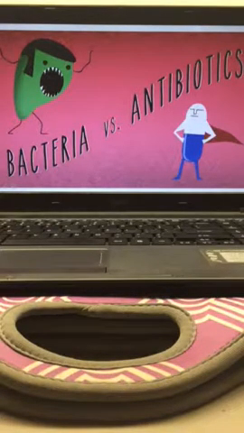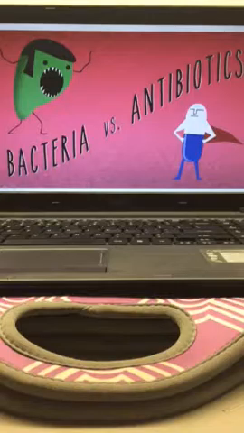Some cells are only exposed to a fraction of the antibiotic due to how deep they are. When the antibiotic first enters, it may hit the closer bacteria cells, but the ones that are a little deeper might only get a small fraction of it.